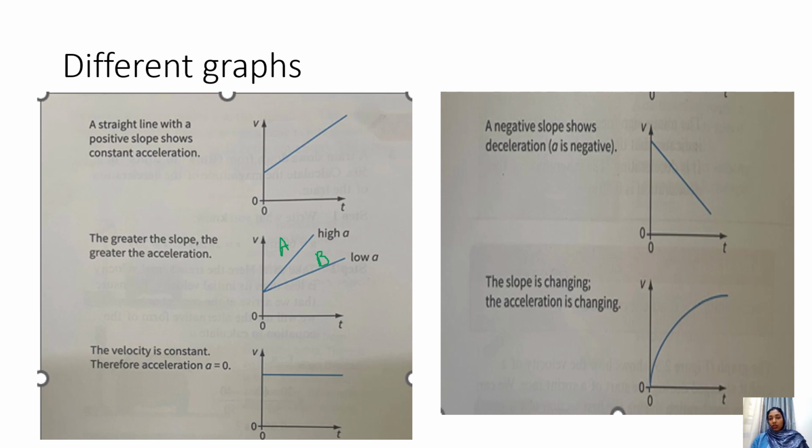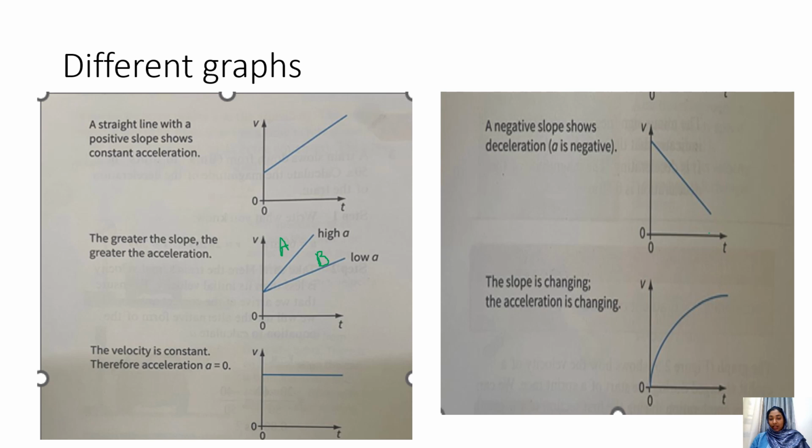Now, in the fourth graph, we get a negative slope. That means acceleration is negative. Negative acceleration means velocity is decreasing over time.